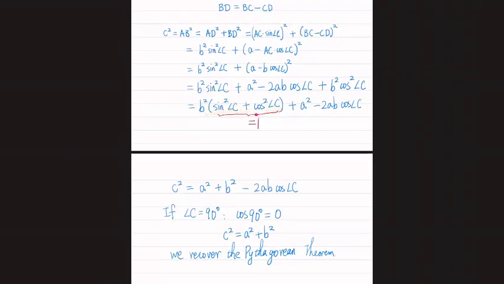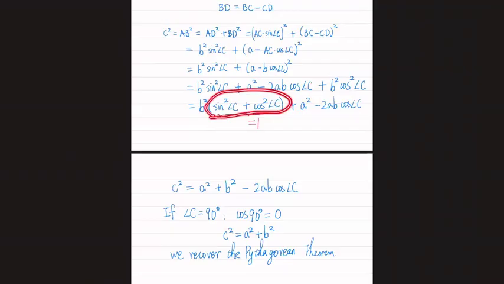Because I don't see it. Is that your question? Yeah. So here we have b square, sine square, cosine square. But now we only have b square. What happened to this term?